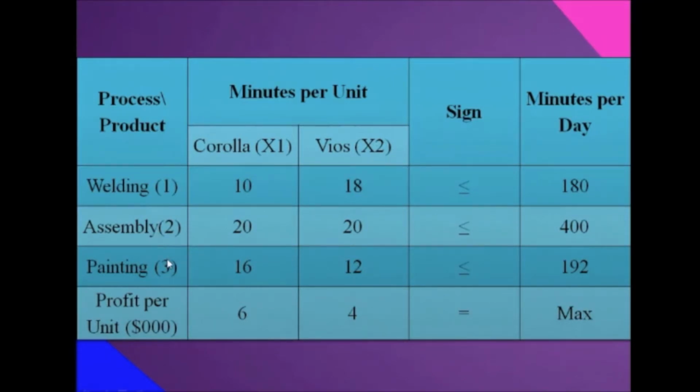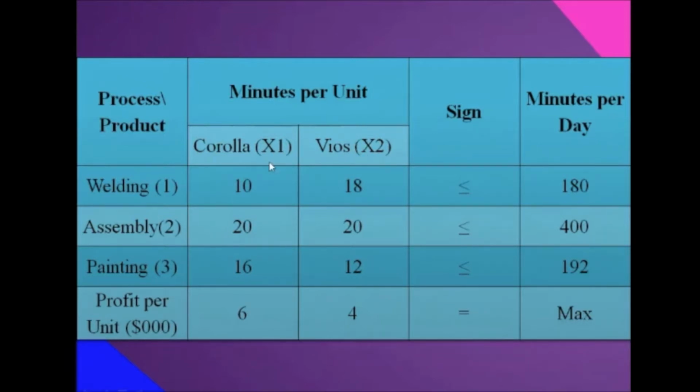The available minutes per day for welding is 180 minutes, for assembly 400, and for painting 192. This is the reason we consider them the constraints and not the units, which are the Corolla and Vios, X sub 1 and X sub 2.